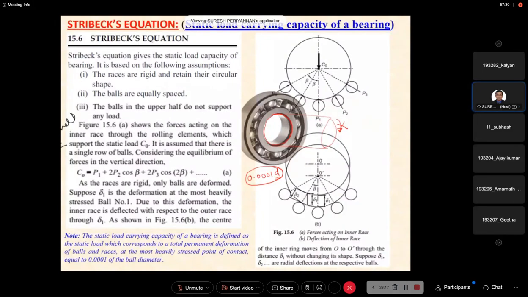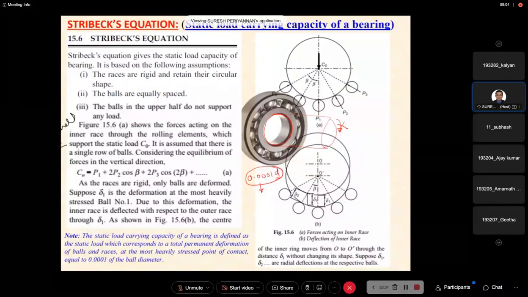They might have studied this in theoretical as well as practical conditions. Then they declared that this is the heavily stressed ball load condition. When the ball or roller is subjected to heavy stress, this is the maximum permanent allowable deformation occurring at the inner race of the contact.